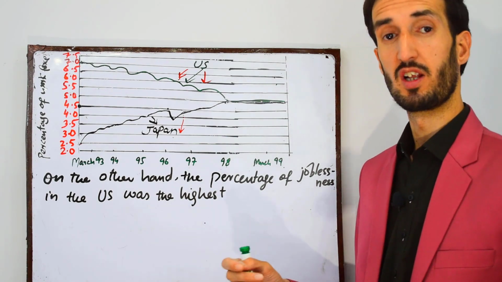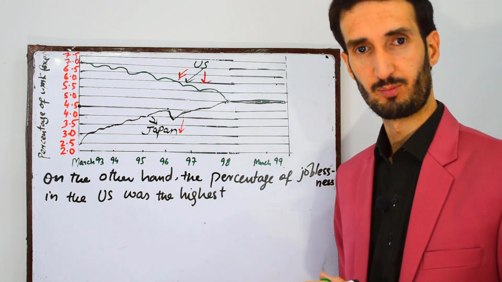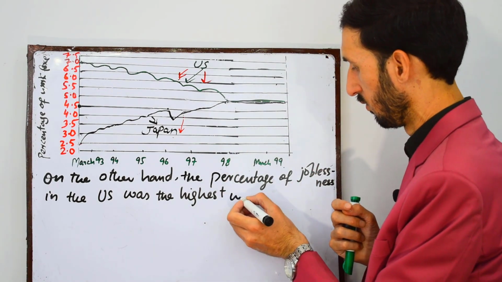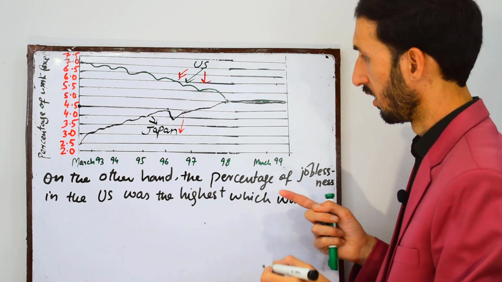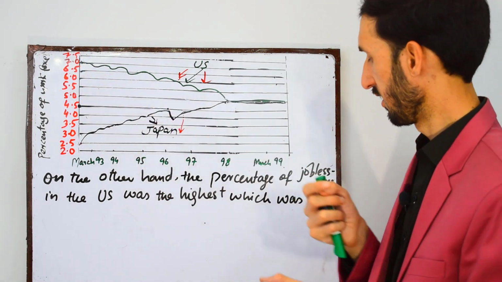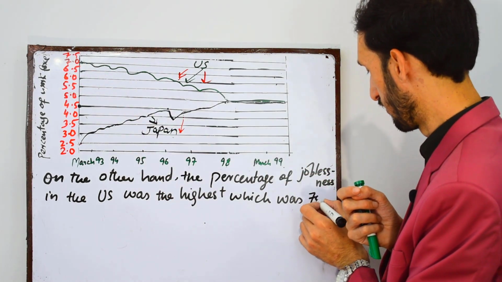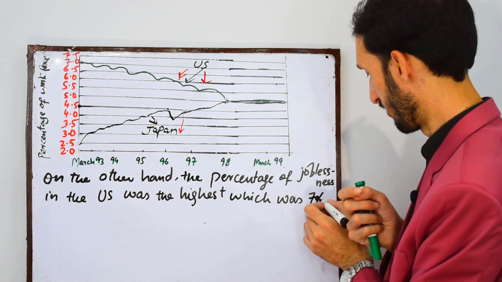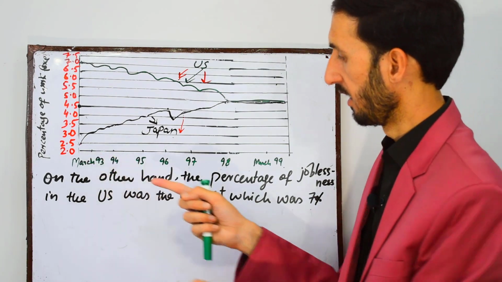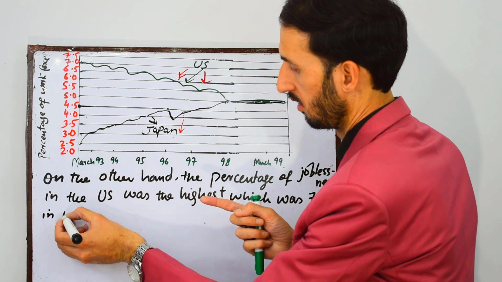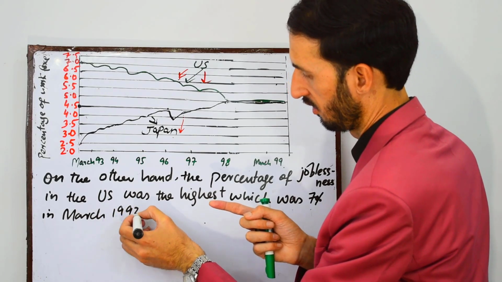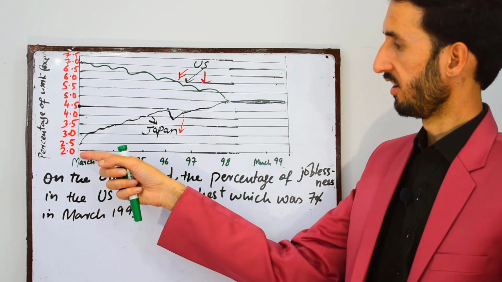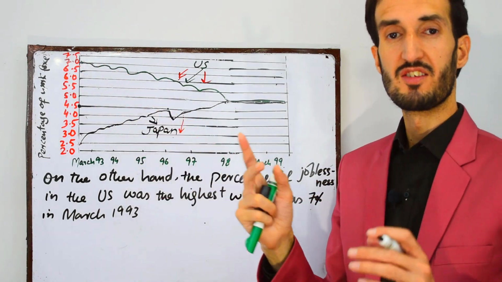So we use the words the highest, which was 7% in March 1993. This is March 1993, so it was 7%.